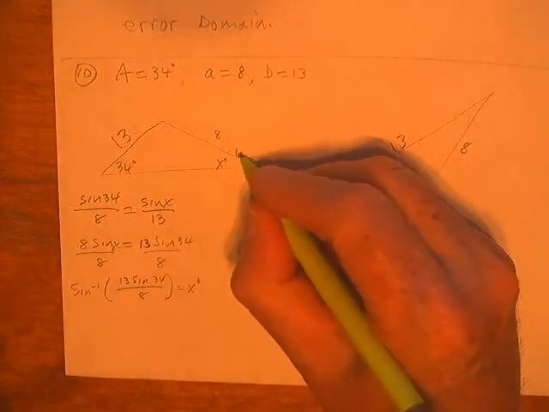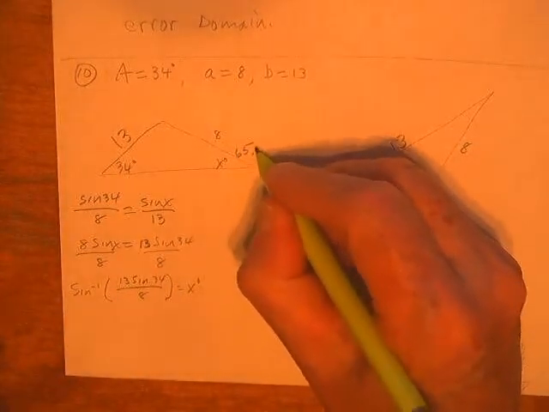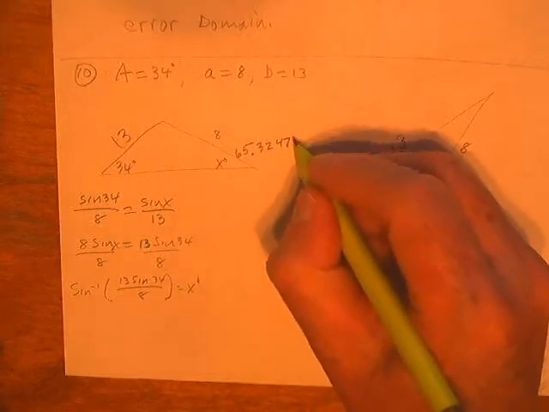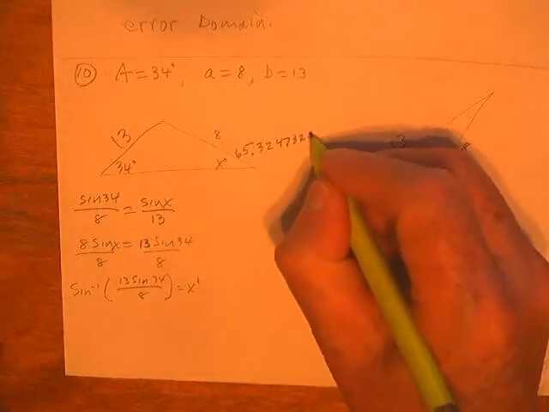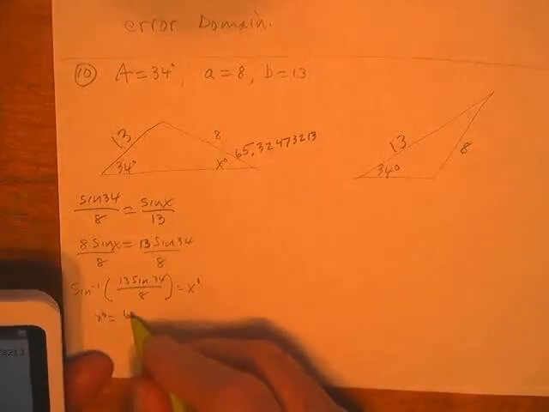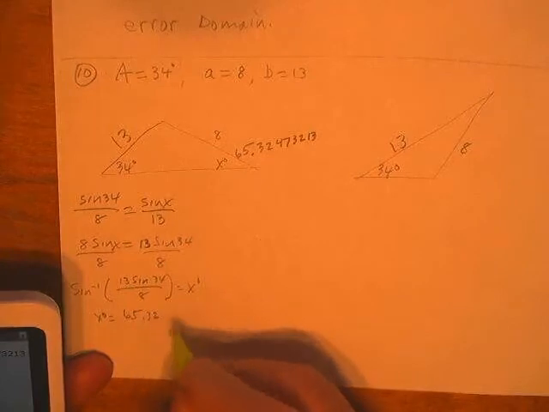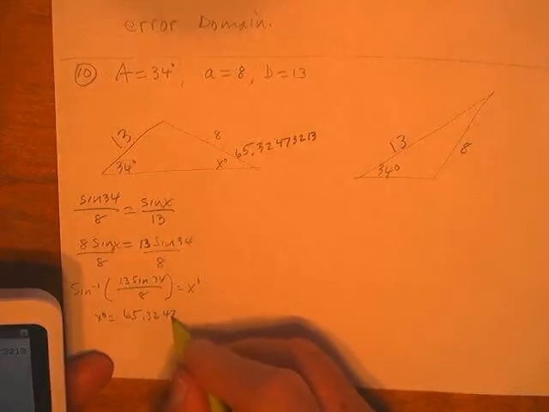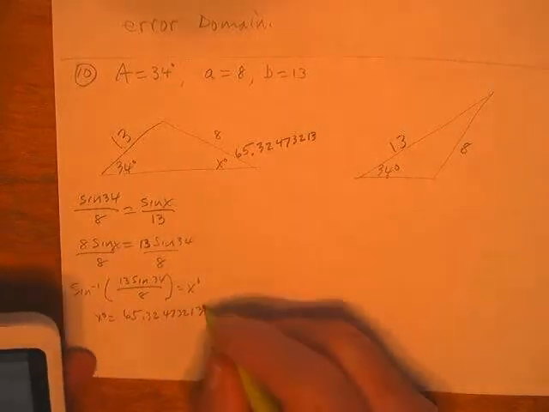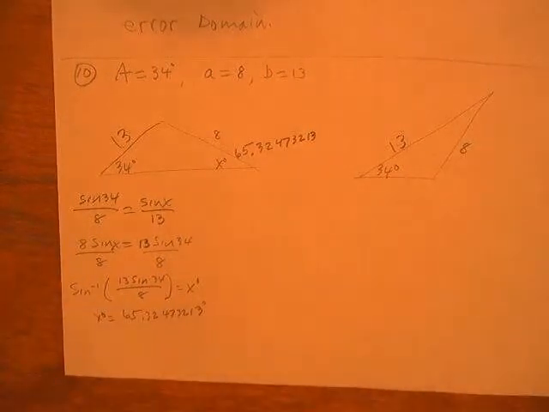So let's come right here and write it. There's your x degrees: 65.32, 47.32, 13 degrees. No rounding.